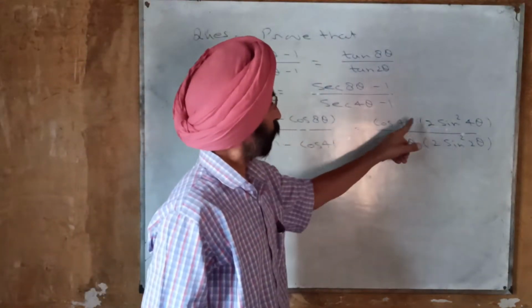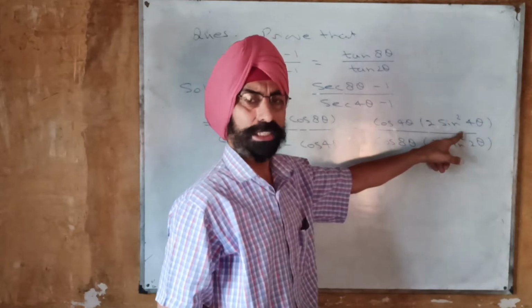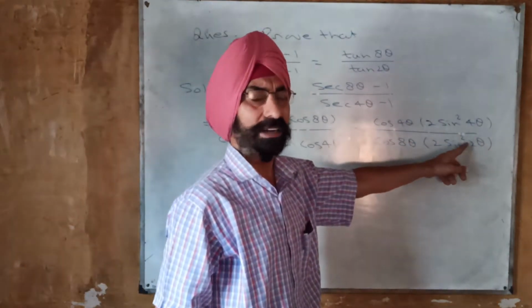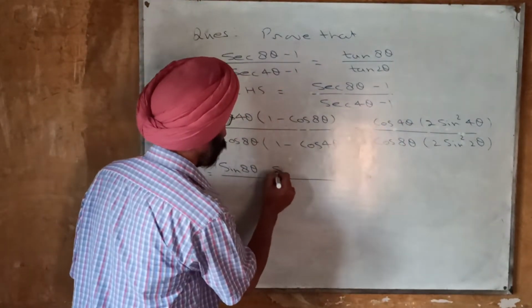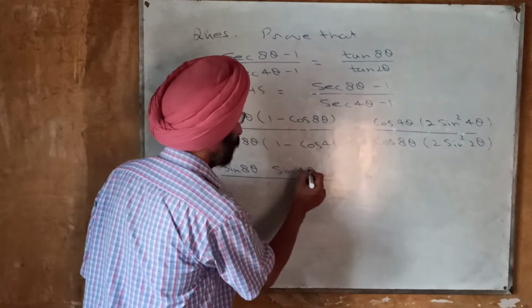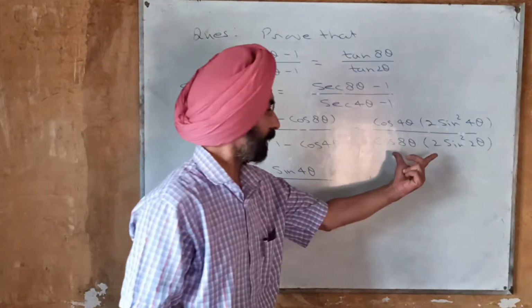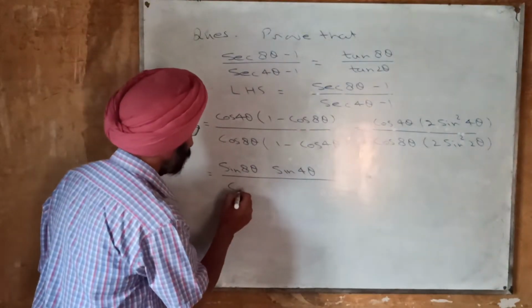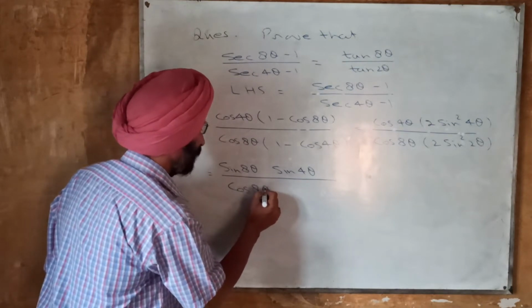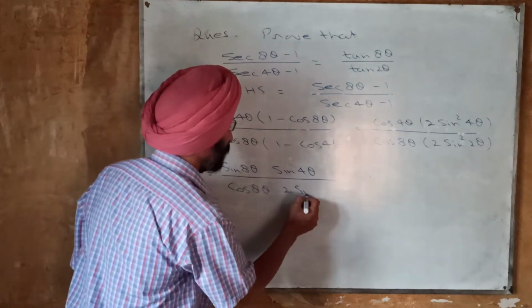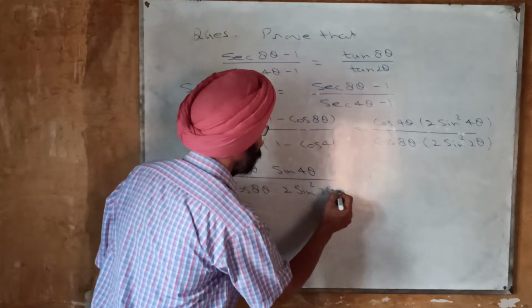So 2 cos 4 theta sin 4 theta, and 1 sin 4 theta is left. That sin 4 theta I am going to write here. In the denominator it is cos 8 theta, and 2 sin square 2 theta.